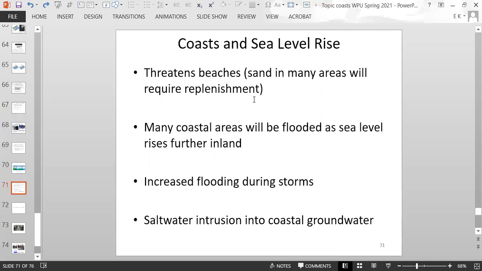So sea level rise threatens beaches where sand in many areas is going to require replenishment to build up the beach again, especially after storms where you have the wind blowing the water onto the coast, which is called storm surge. So you get more flooding, and that erodes a lot of the sediment.